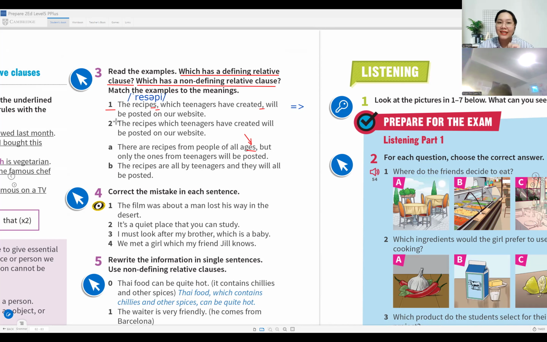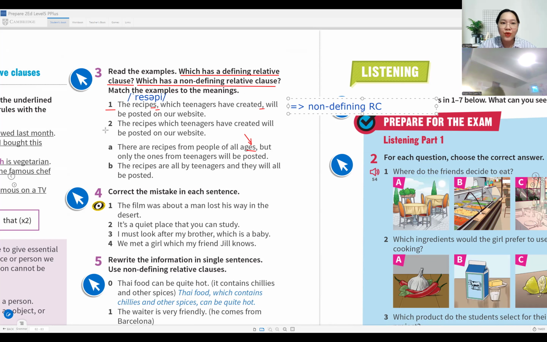Because we can omit it, we can delete it, which means it is not necessary information. So that is a non-defining relative clause. It doesn't define the noun.